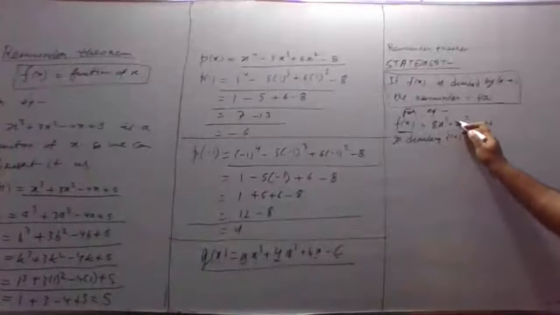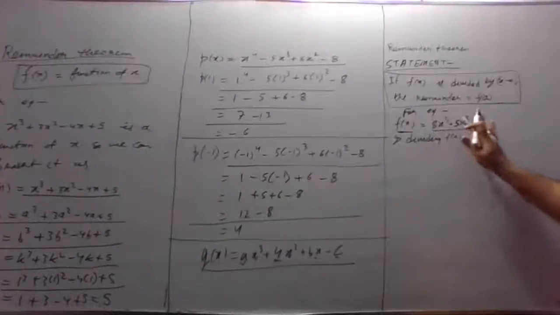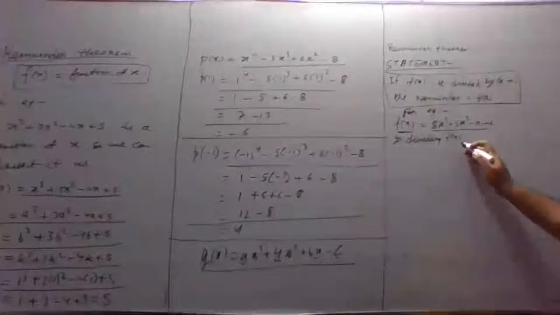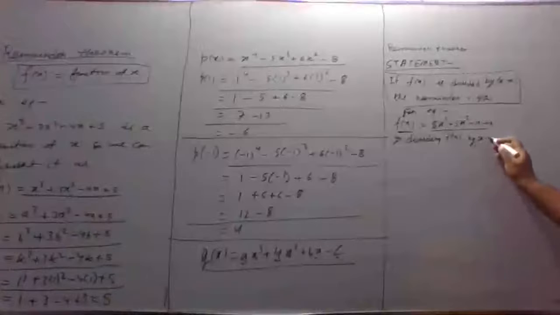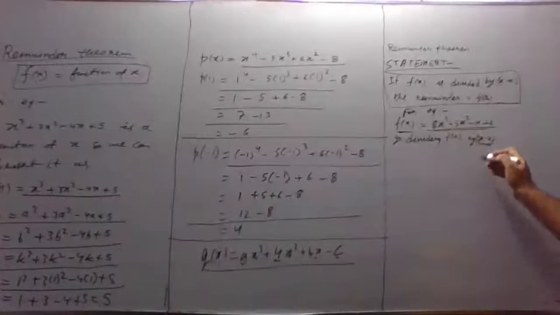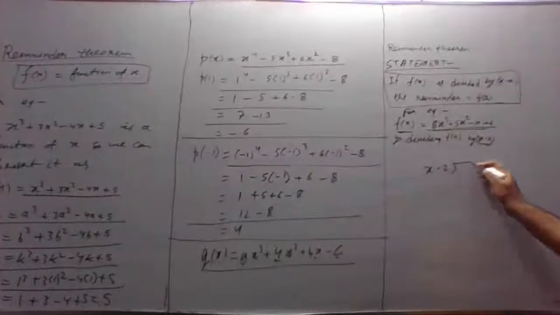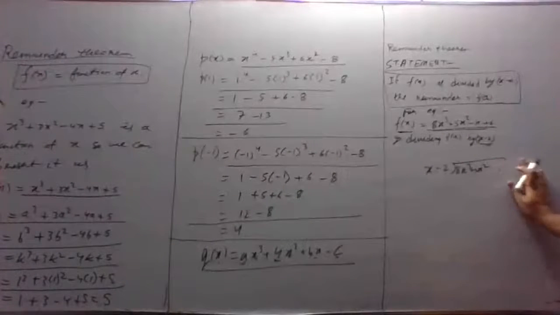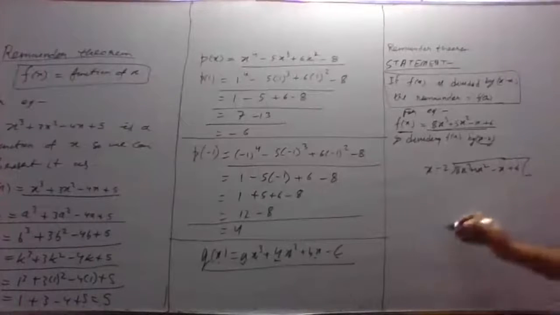So with that we do not have to write 8x cube plus 5x square minus x plus 6 again and again, and dividing f(x) by x minus 2. If we divide this by x minus 2, we can divide properly by this method. You know how to divide by this method, 8x cube plus 5x square minus x plus 6 to find the remainder.